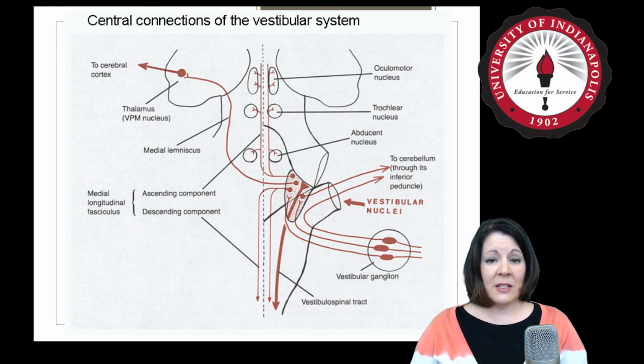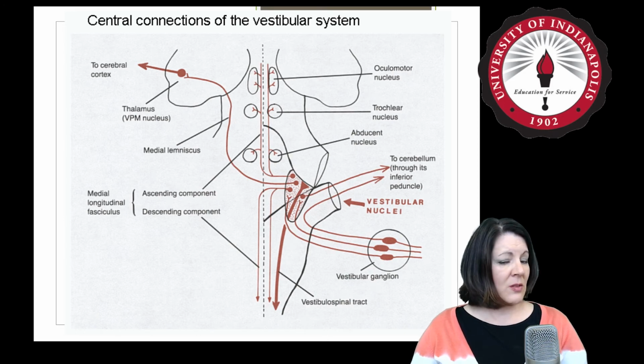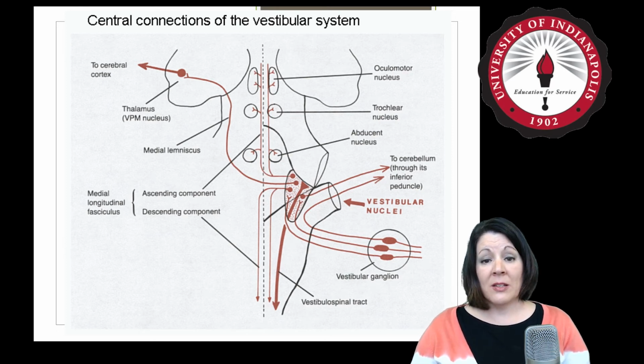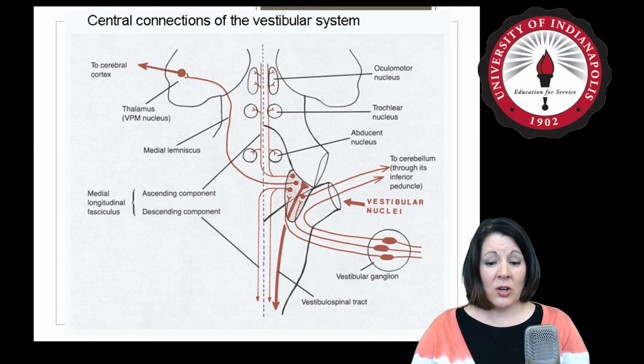And in fact, that difference of me turning my head right and my eyes go left, me turning my head left and my eyes go right, is called a gain of 1, because when my head goes 30 degrees one way, my eyes go 30 degrees the other way to keep my eyes stabilized on that target.